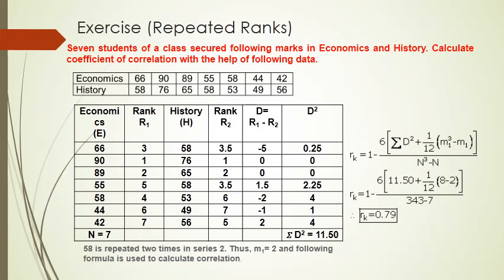So that is 11.50 plus 0.5, that is 12. So 1 minus 6 into 12 divided by 343 minus 7. When you solve this, you will get rank correlation equal to 0.79. So there is high positive correlation.